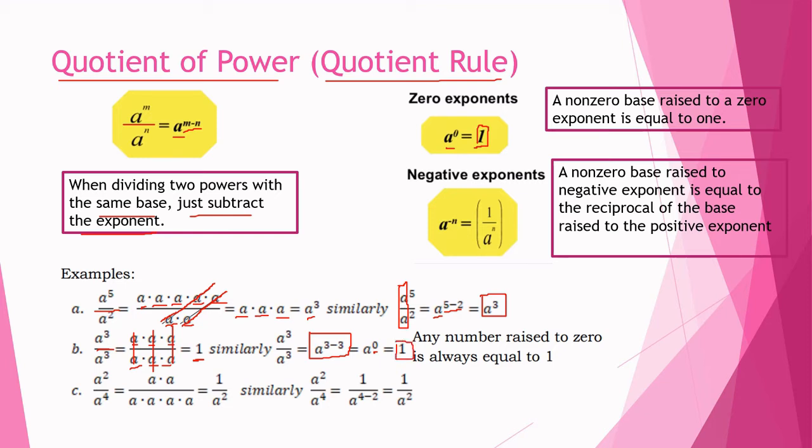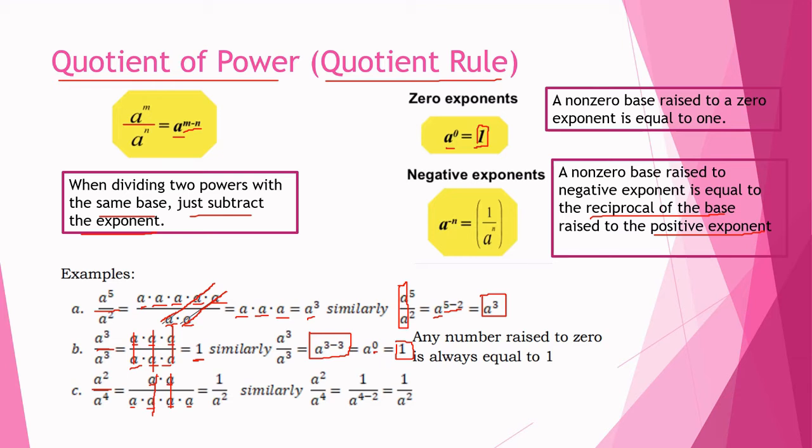Next is the negative exponent. A non-zero base raised to a negative exponent is equal to the reciprocal of the base raised to the positive exponent. For example, a squared divided by a to the fourth power. So a squared is a times a. A to the fourth is a times a times a times a. So if we divide, a divided by a is 1, a divided by a is 1.